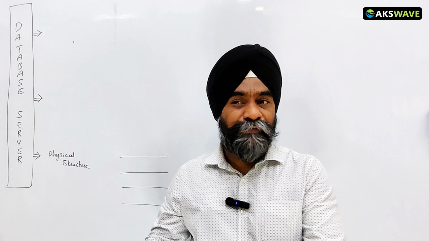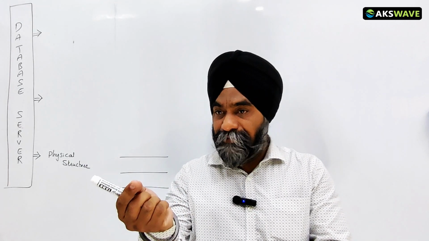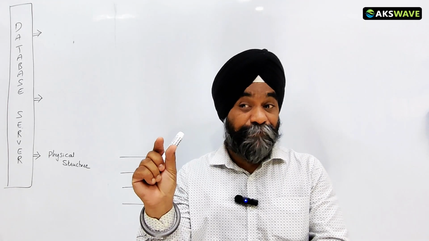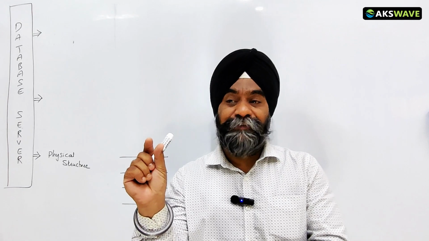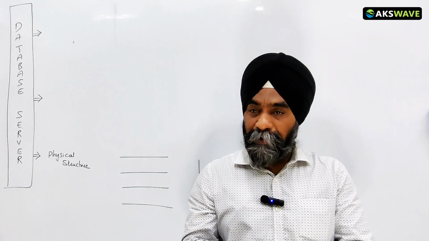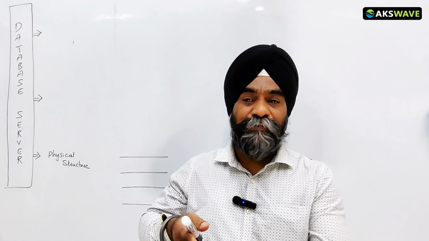Even mobiles have a storage medium called a flash drive. Like pen drives, we have a small chip in which your data is stored. That's called a flash drive. Similar flash drives will be there in your mobiles, where data is stored. So there should be some storage medium where data will be stored.